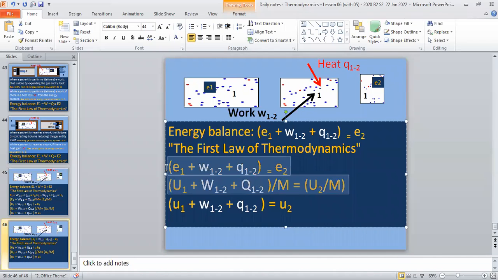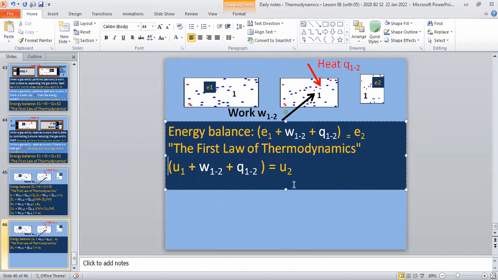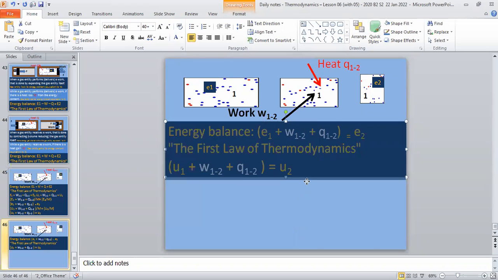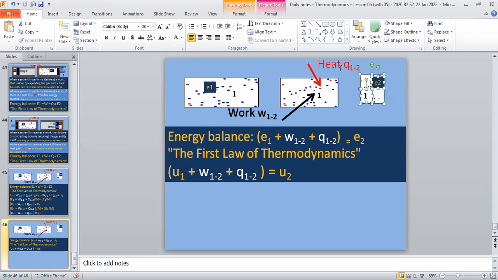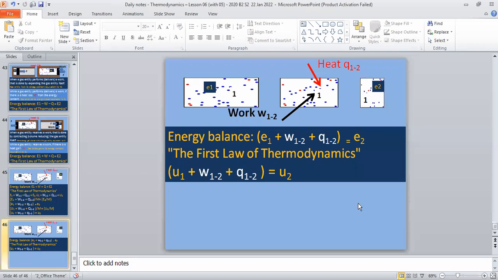Also, you can write in U terms as well. So this may be helpful for you to understand the first law of thermodynamics expressions for a closed system. So 1 to 2 means it's a closed system with a moving boundary here, possible. And there are this nature of applications as well.